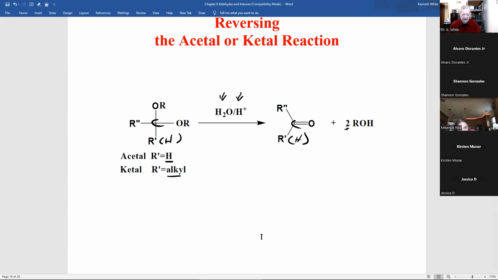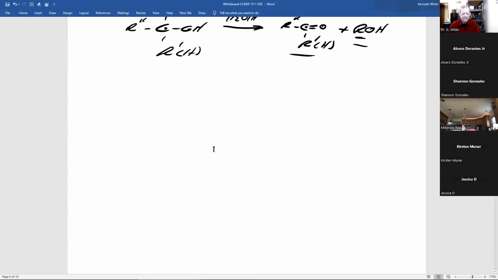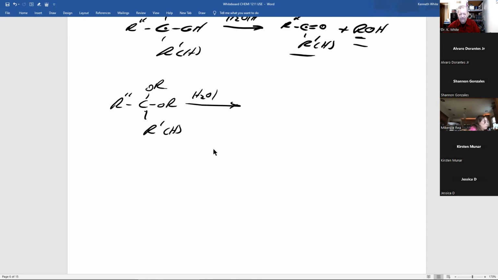And let's rewrite it. And keep your eye on the carbon with the two oxygens.